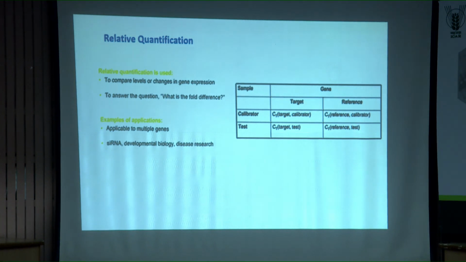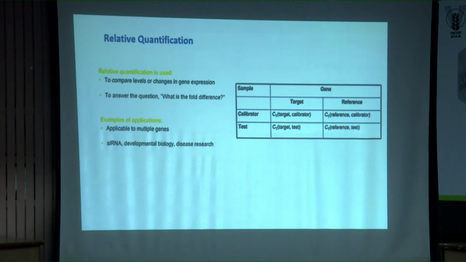Calibrator is your control. If it is a plant which is going to be infected by a pathogen, it is the uninoculated plant, right? Test is the one where you study the expression pattern in that plant when it encounters a pathogen.